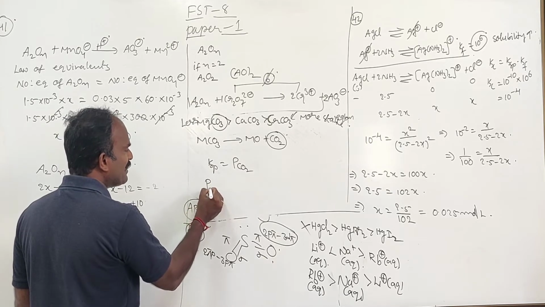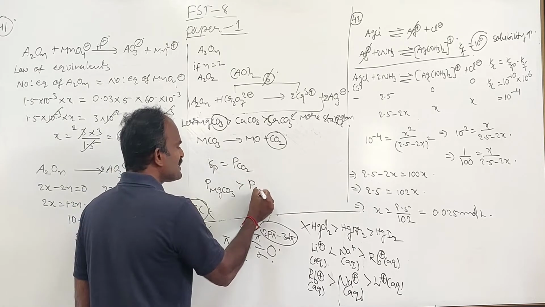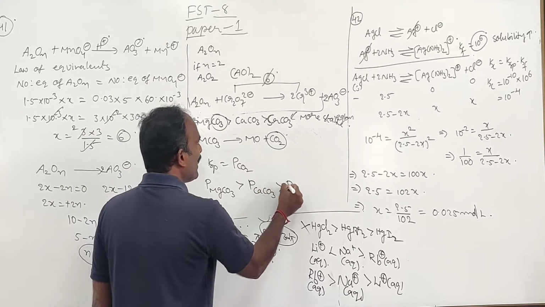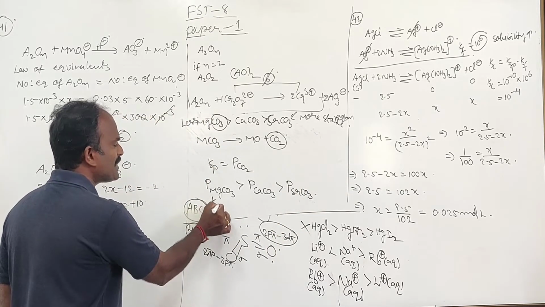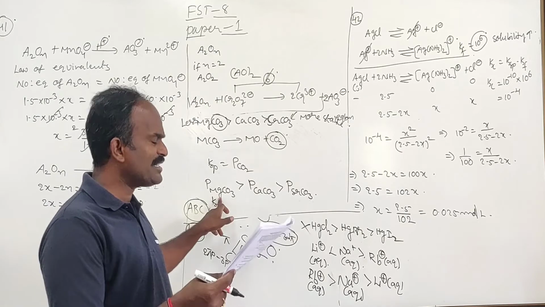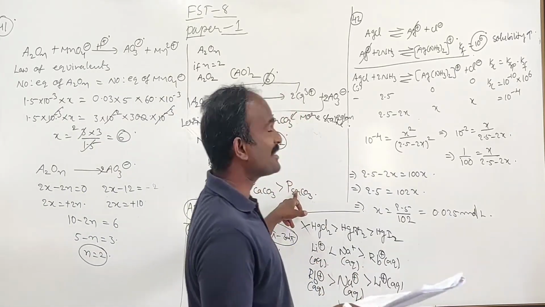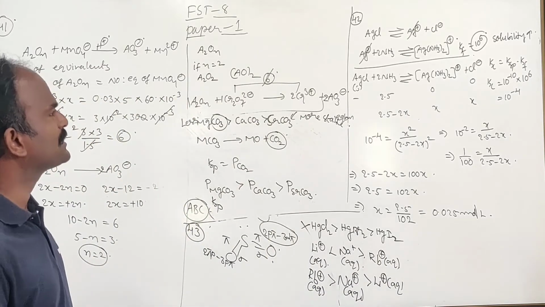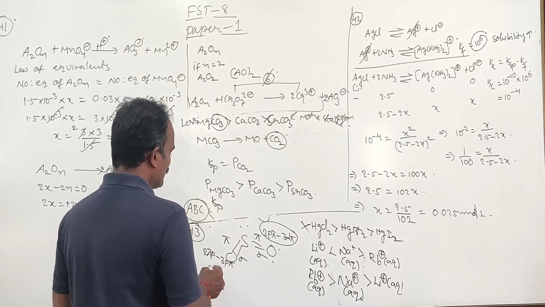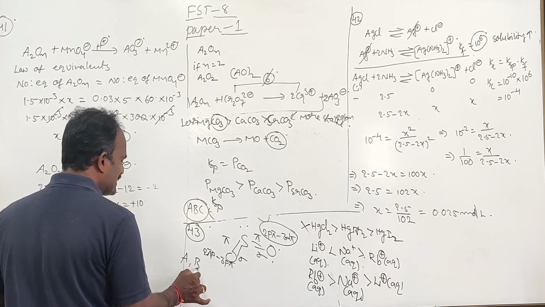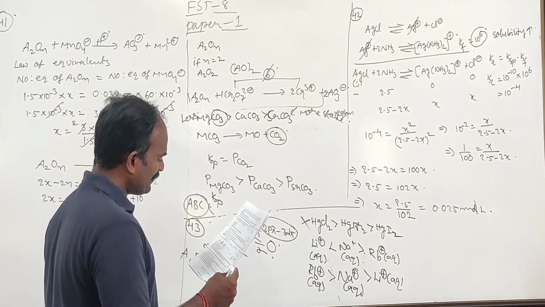Partial pressure in MgCO3 is greater than in CaCO3, which is greater than in SrCO3. Obviously, Kp of MgCO3 is greater than Kp of CaCO3, which is greater than Kp of SrCO3. That statement is absolutely right. Therefore, for this question, A, B, C are the incorrect options that we are having.